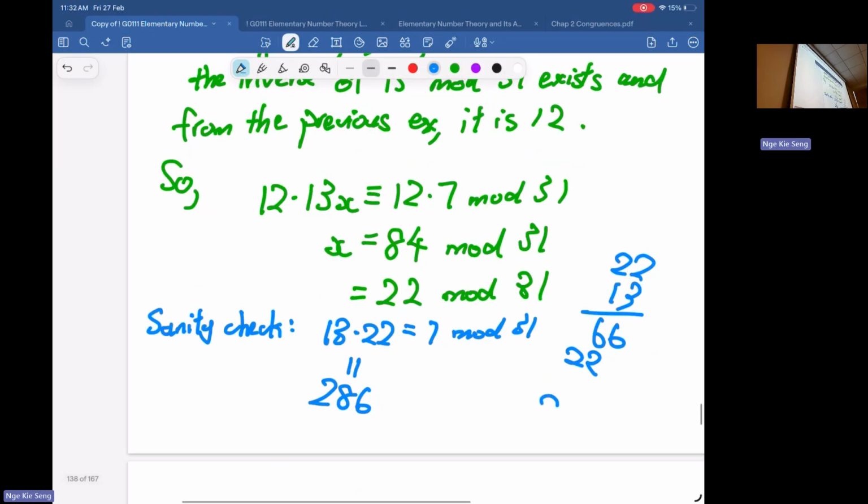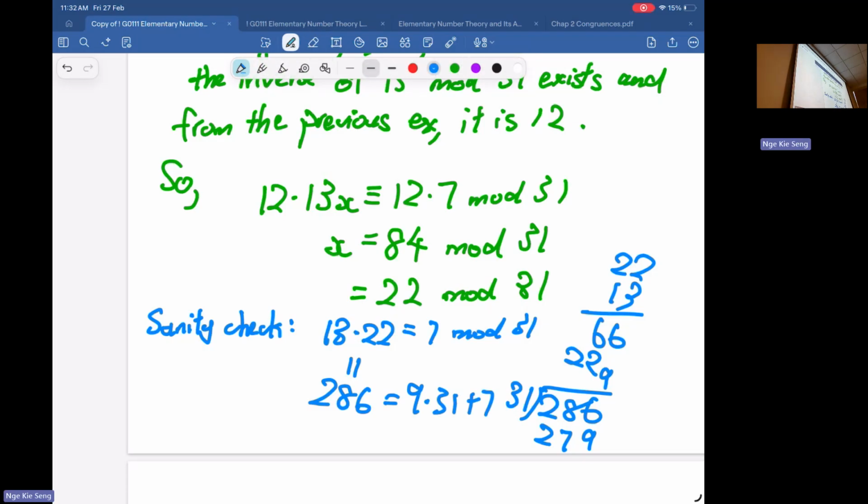And then 286, how is it divisible by 31? The largest one is 9. 9 times 31 is 279. So 286 equals 279 plus 7.